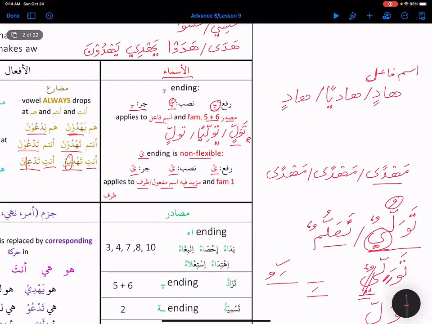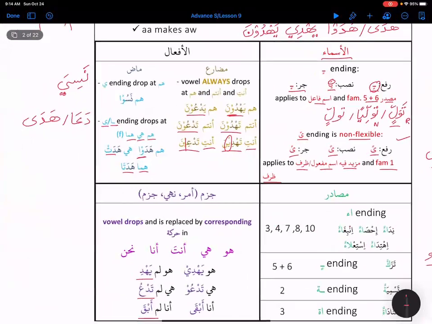Mahdan is our zarf. So mahdan, mahdan, and mahdan. All three statuses would be the same. So that is about alif maksura and about zarf. And the same is going to happen to ism maf'ul, and that applies to mazid fihi. And for family 1, the zarf should look like that.